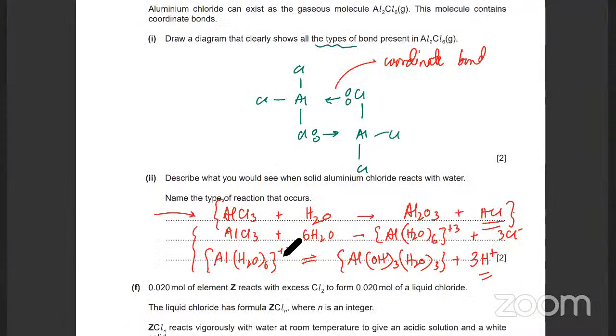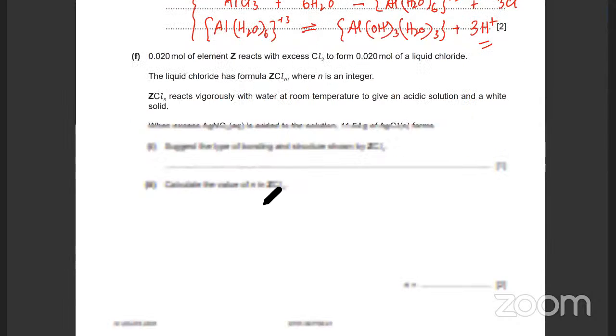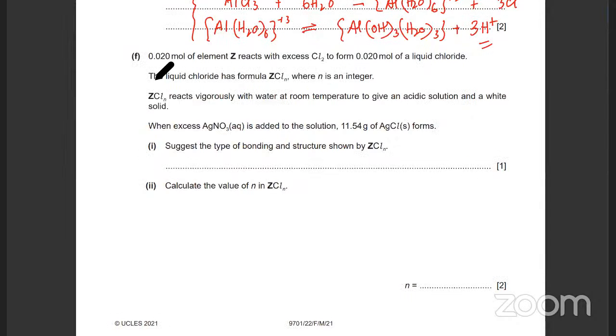So let's move forward. In this question, you've got 0.02 moles of element Z reacting with an excess of Cl2 to form 0.02 moles of a chloride. So starting, the first line, it's Z reacting with Cl2, and it's forming some chloride, which I have no idea.